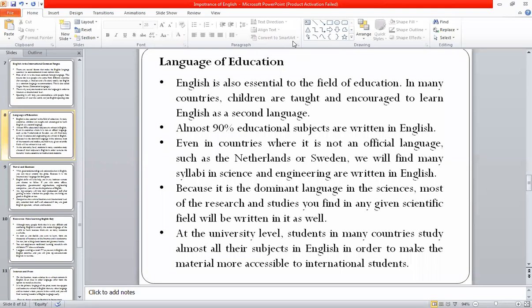So if you want to access international material, then it won't be possible without this language. It will be possible only with this language. So that is why this is called the language of education.